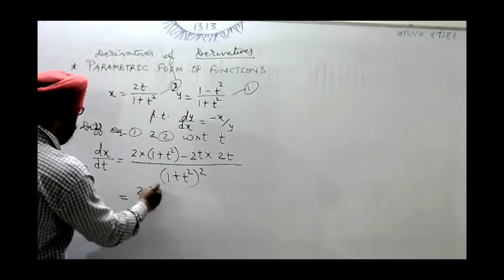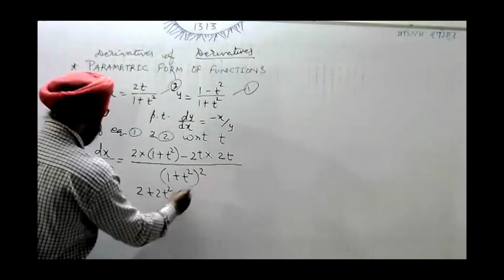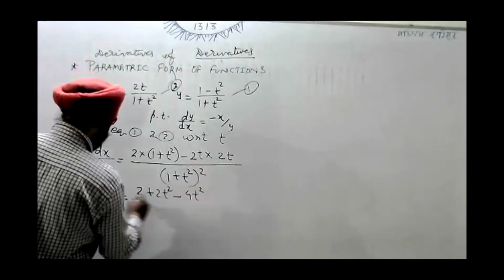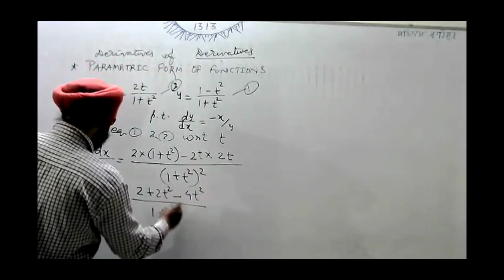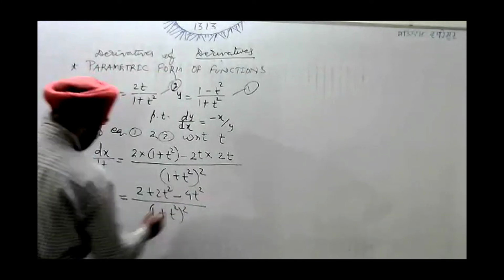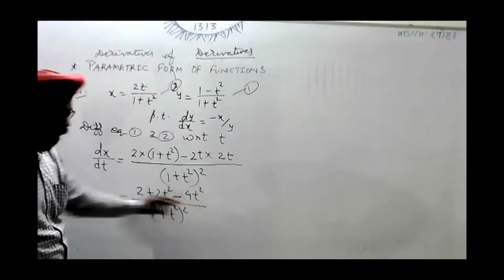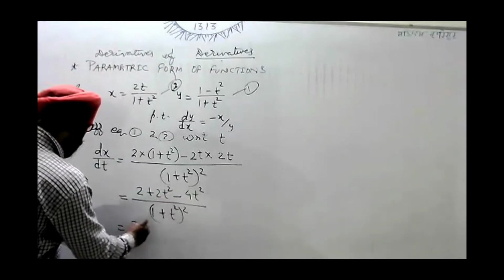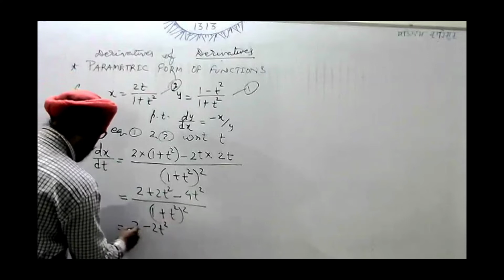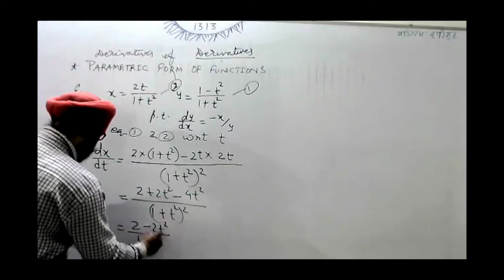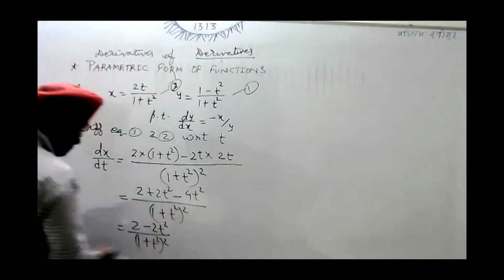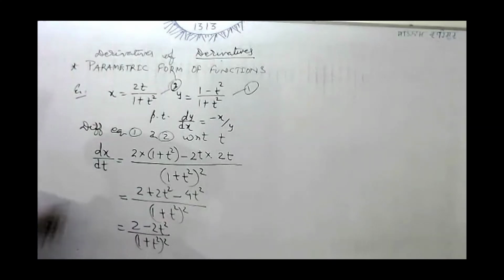It is 2 plus 2t square minus 4t square upon 1 plus t square whole to the power 2. Simplifying, that means 2 minus 2t square upon 1 plus t square whole square. Let it be as it is, no change.